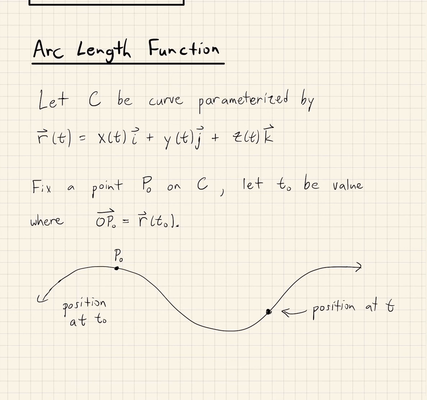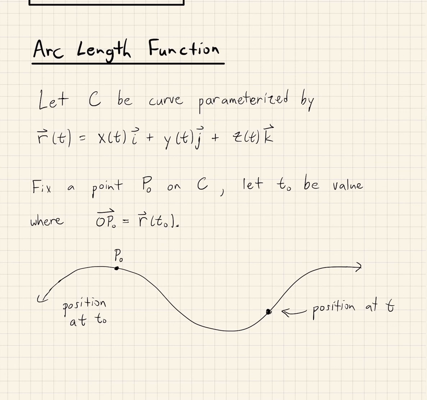Well, at any other value for little t that we feed into r of t, that puts us somewhere else on this curve, and we can ask, what's the distance we've traveled along the curve to get to where r of t is putting us? Again, r of t really is the vector from the origin to a point on the curve.